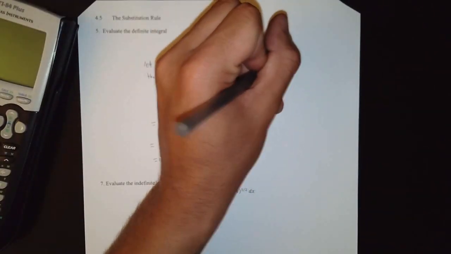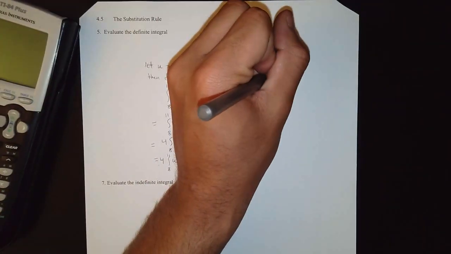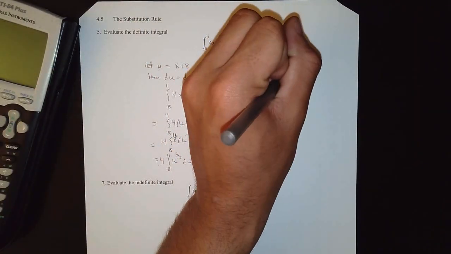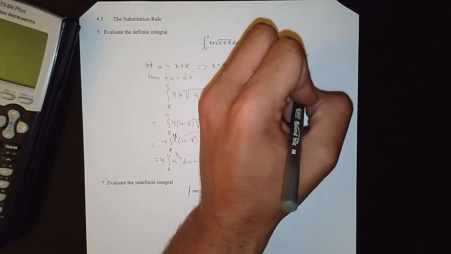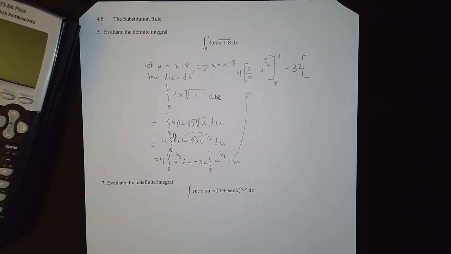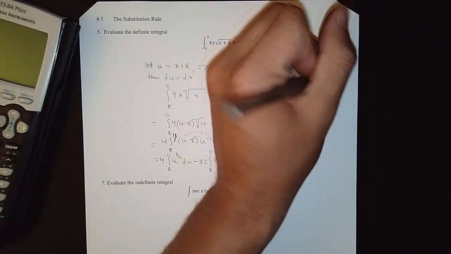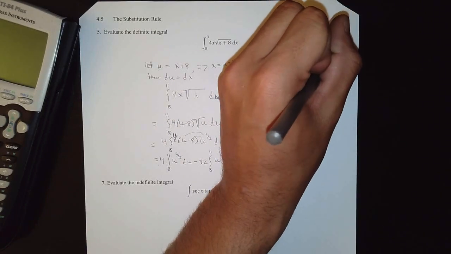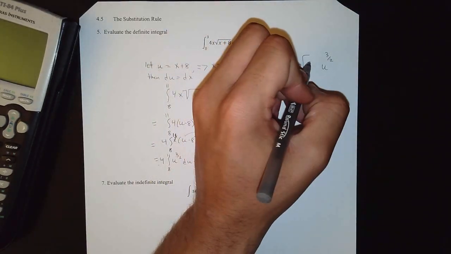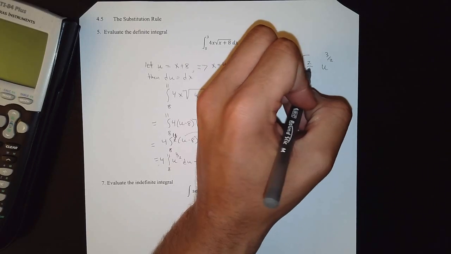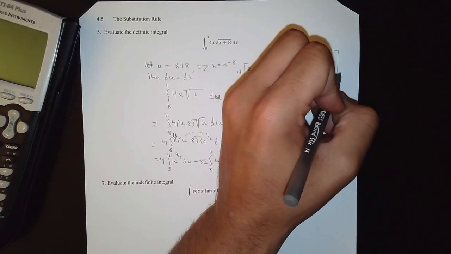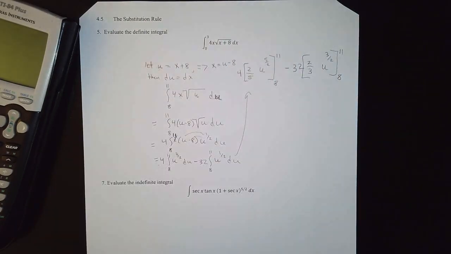But we're also evaluating from 8 to 11, and we're subtracting 32 times the quantity u to the 1/2. We add 1 to the power, so that becomes u to the 3/2 power, and then we divide by that power, so we have 2/3 u to the 3/2 evaluated from 8 to 11.